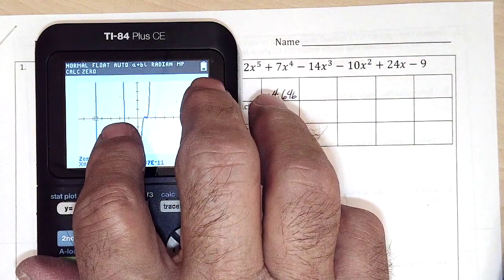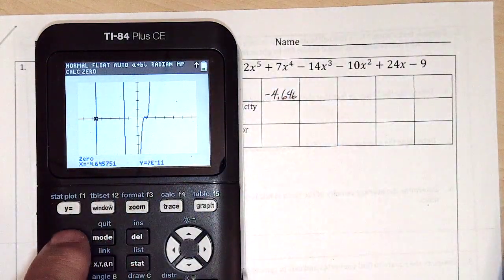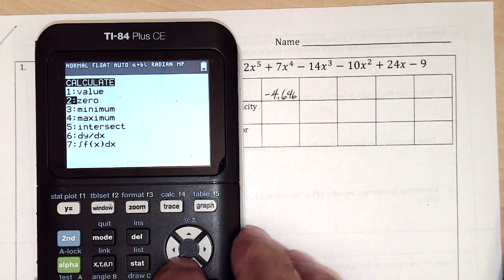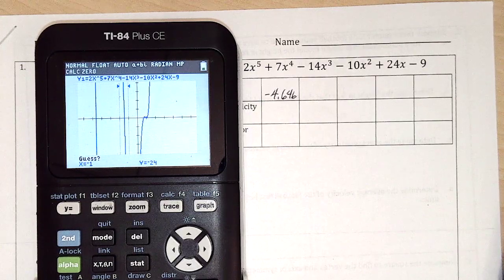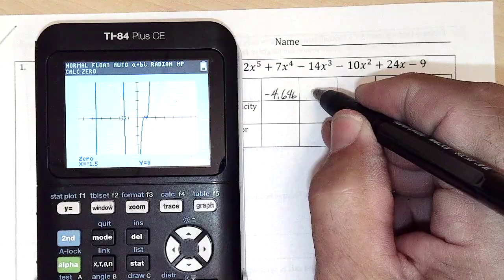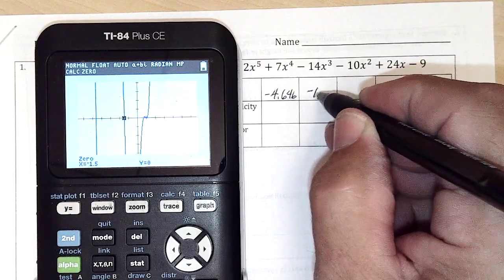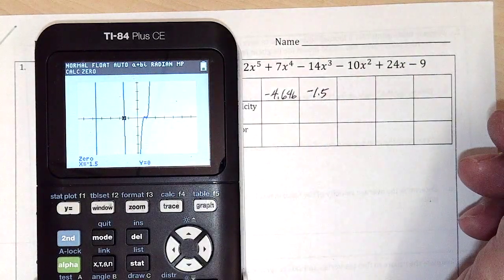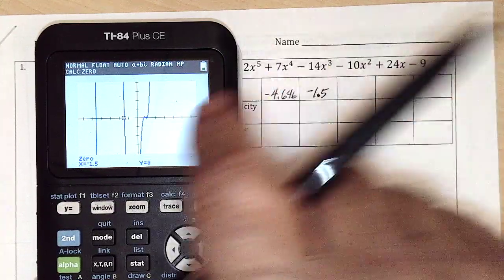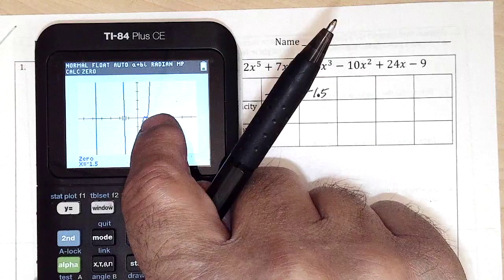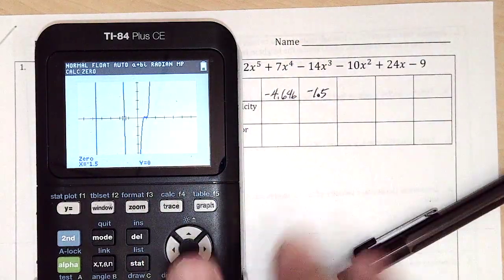Let's look at the one between -2 and -1. Second, calculate the zero between -2 and -1, and I think it might be -1.5, and it says, oh, you are so correct. Oh, I'm so good. -1.5. That's a nice one. I can do stuff with that one. And there's another one between 0 and 1.